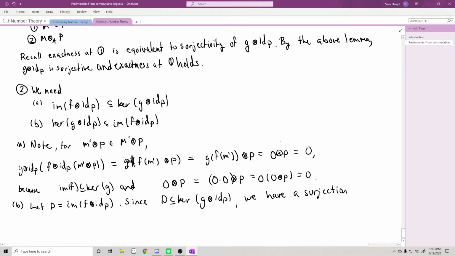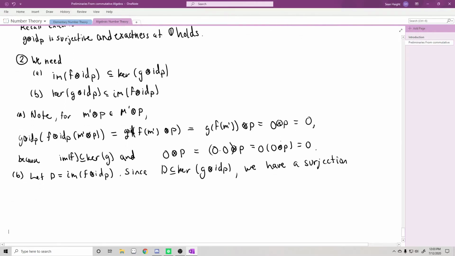So we get this map pi from M tensor over P modulo D, with the kernel here, and by the first isomorphism theorem, this is isomorphic to M double prime tensor P.